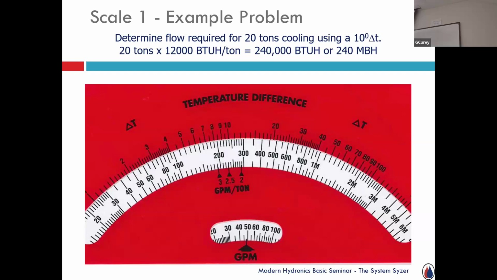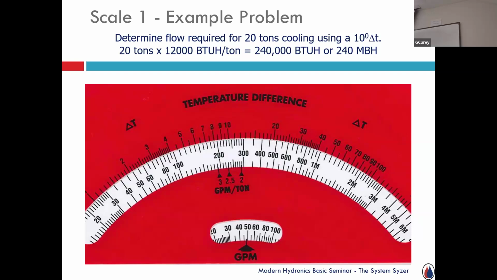So I could simply find on this white band that 240 MBH. So 200, 250, 300, increments of 10: 210, 220, 230, 240, opposite a 10-degree temperature rise. And I could read down here and find the flow rate. It's just shy of 50 gallons a minute.